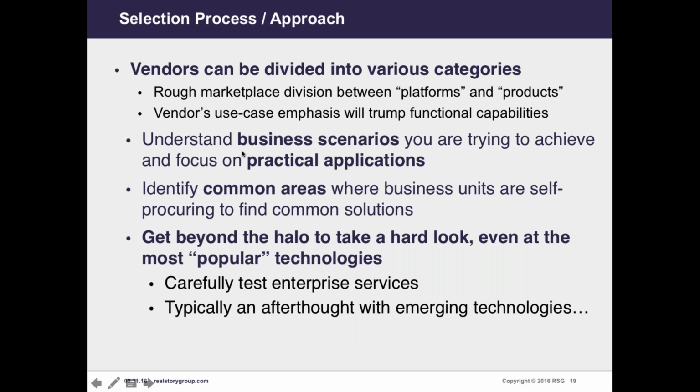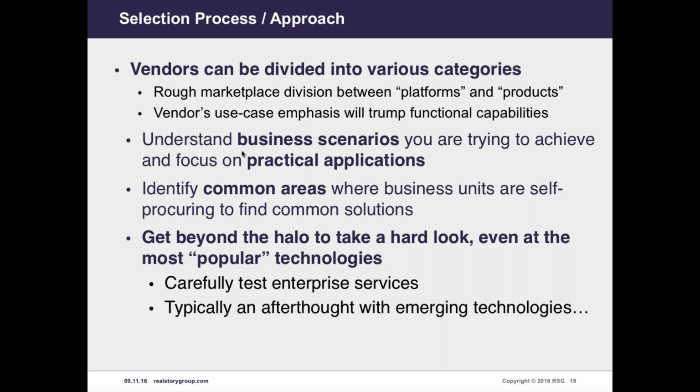So in terms of a process about how to do this, you use hopefully good research and create your own shortlist, your own quadrant. You get aligned around that. You need to then figure out, in creating that, what scenarios are we going to look at? And really focusing on practical applications. Try to identify the common areas where business units may be self-procuring, to see if you can find common solutions.